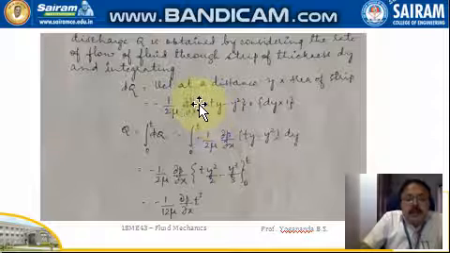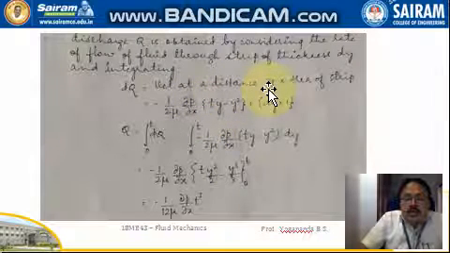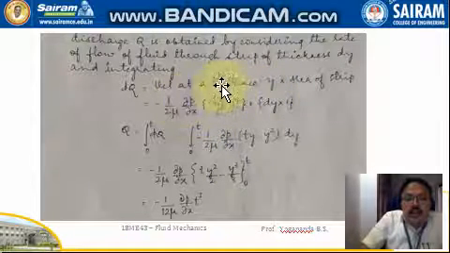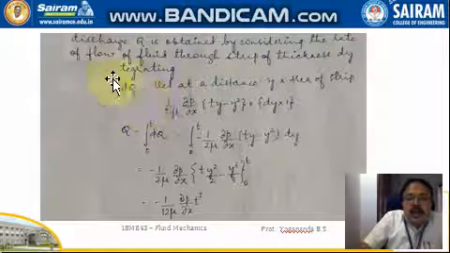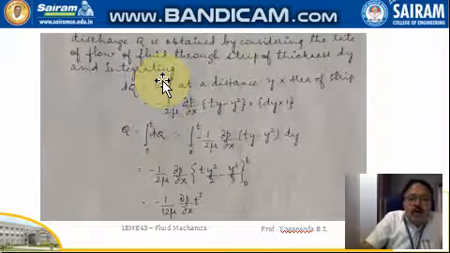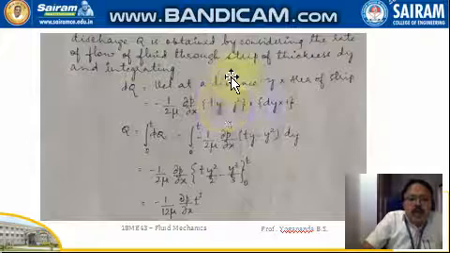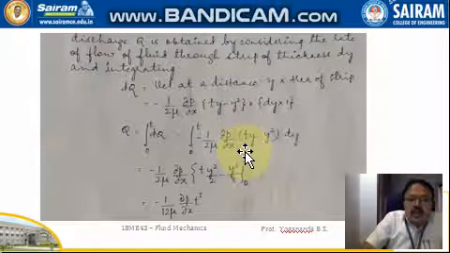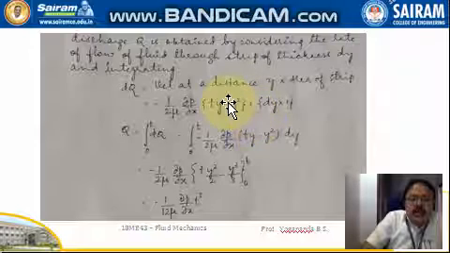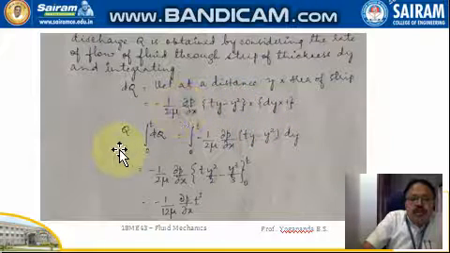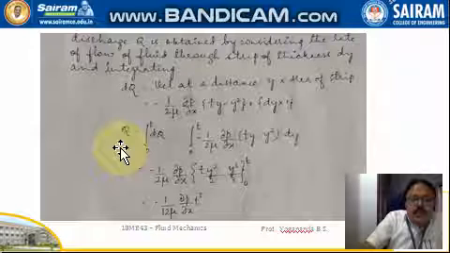Now the discharge Q is obtained by considering the rate of flow of the fluid through a strip of thickness dy and integrating. As we have already seen in the case of laminar flow in a circular pipe, there one elementary ring of radius r is taken, the discharge through the elementary ring is found, and that expression is integrated to get the discharge in the entire pipe.